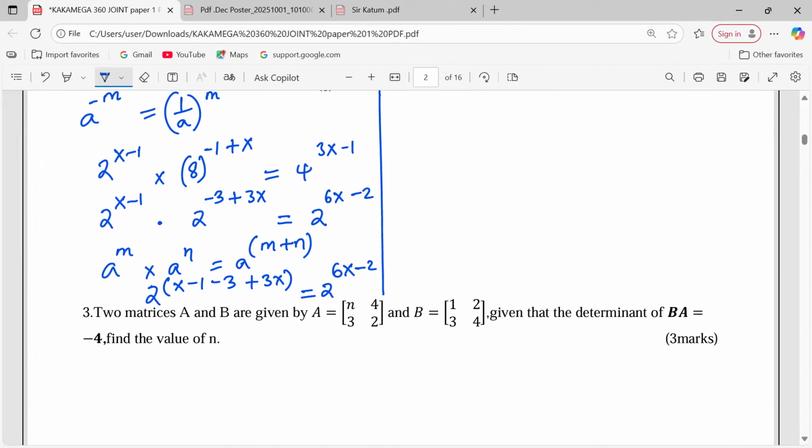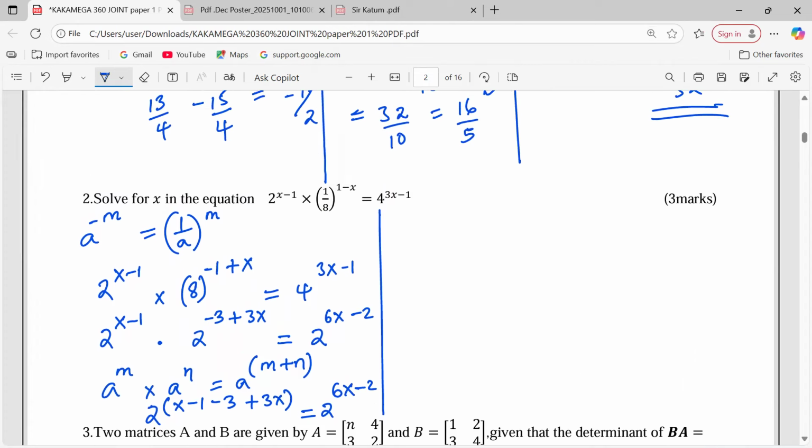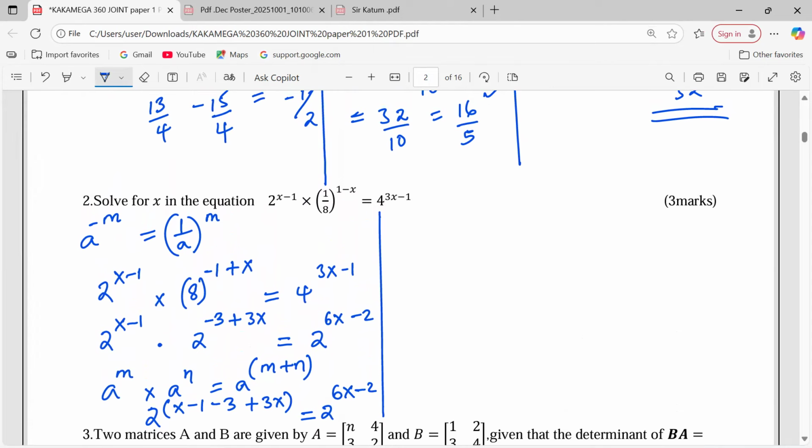That way. And now that we have base 2 on both sides, we can now equate the powers. x plus 3x, that gives us 4x. Then we're having negative 1 minus 3, giving us negative 4. This is equal to 6x minus 2.